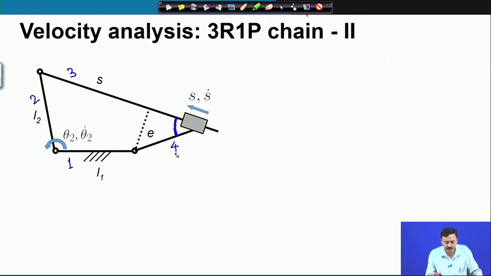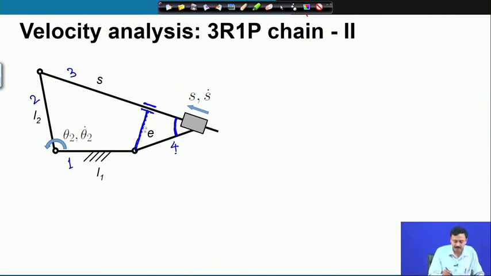So, between links 3 and 4 we have the prismatic pair, and this angle between links 3 and 4 is going to remain fixed. So, therefore, I can consider that this is same as having a prismatic pair like this. This is going to simplify my expressions and the analysis.